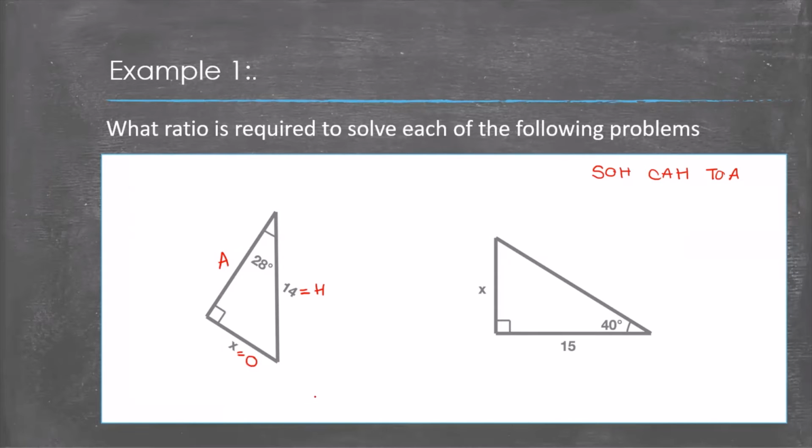Now, how would I find what x is? Well, I want an opposite side. So if we look at our SOHCAHTOA ratio, I'm going to write it again just so that I could cross some things off. If I'm solving this question, I'm looking for opposite. I can only use a ratio that includes opposite, so cosine is off the books.